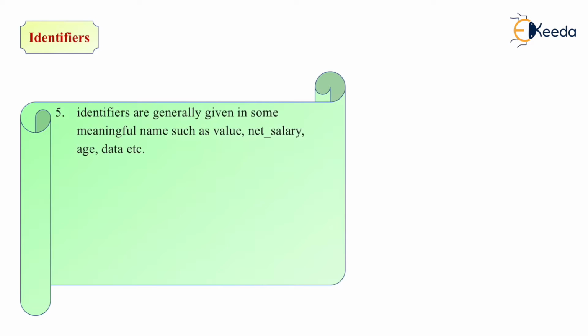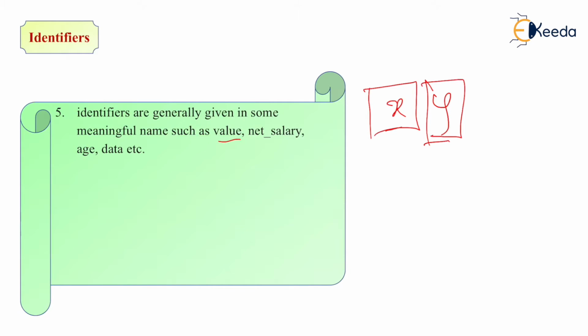The next rule for identifiers is that they are generally given some meaningful name. That means you should not write just X or Y. It depends on the programmer's understandability. Because if you give just X and Y, you cannot understand what type of data you have to give through this as a programmer. So better you should give the identifier a proper identity name, through which you will get an idea of what type of value you have to provide.